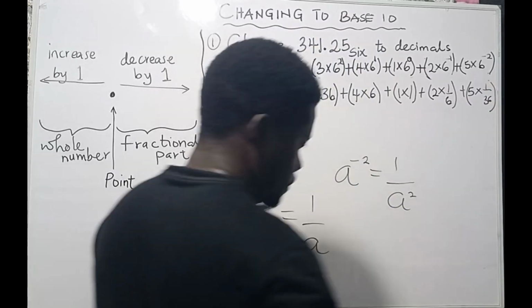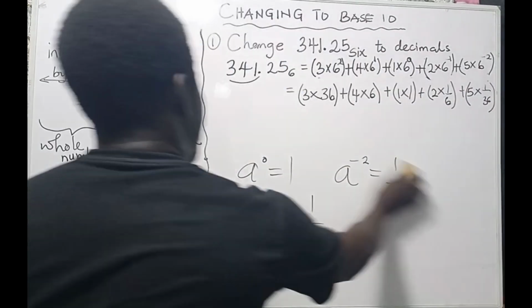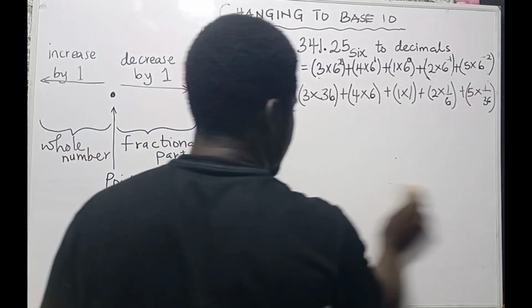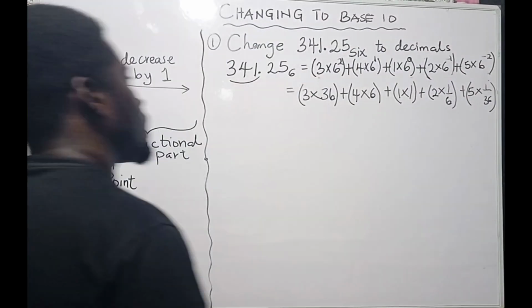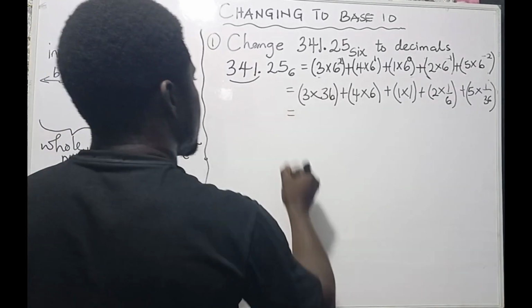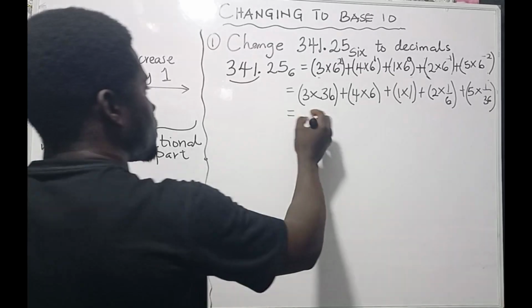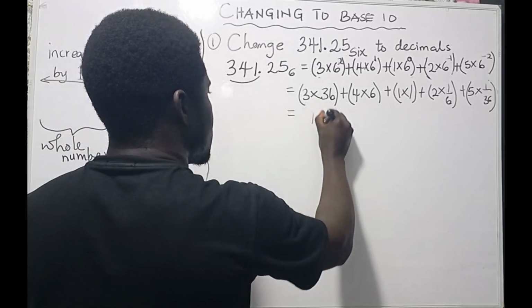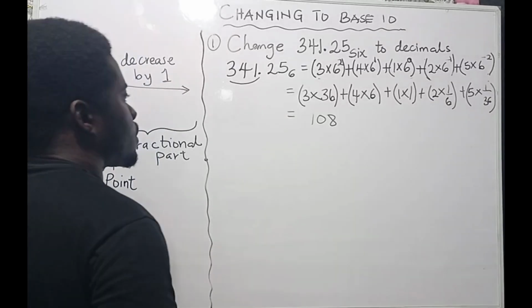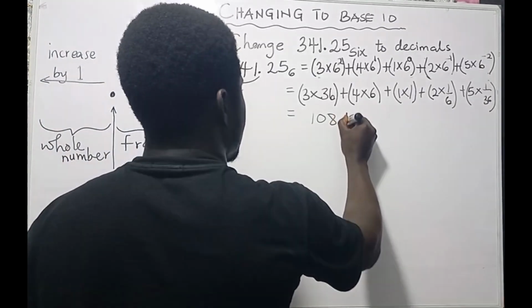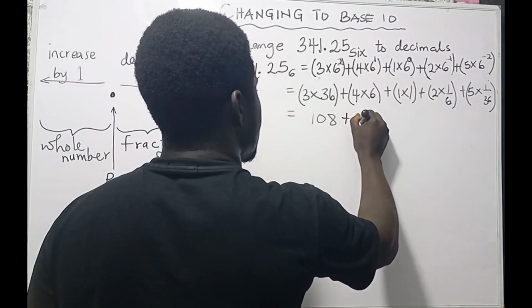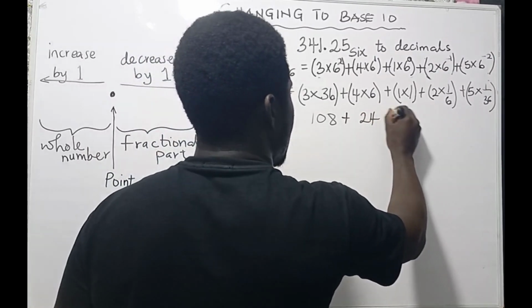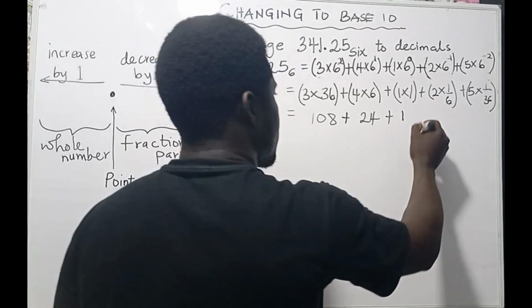All right. We move ahead. And then 3 times 36 is 108. Plus 4 times 6 is 24. Plus 1 times 1 is 1.